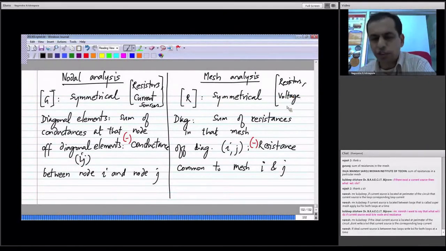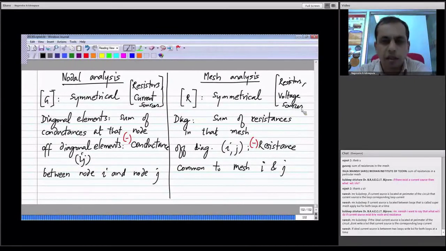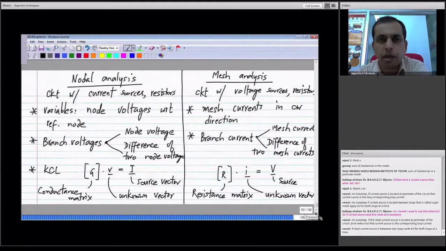So this is just to point out the duality between nodal and mesh analysis. You start off with KCL in nodal analysis, KVL in mesh analysis, and in a particular case, when you have a circuit with only current sources and resistors for nodal analysis and only voltage sources and resistors for mesh analysis, you get a neat structure for the equations which consists of a symmetric matrix times a vector of unknowns equals the vector of independent sources in the circuit.